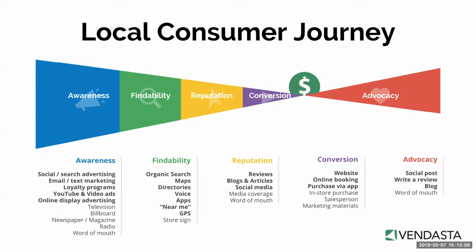So for example, if I became aware of a local restaurant through a retargeted display ad, which would be under the awareness category, I might then try to find that business on search where I see their online reviews. Then I might reserve a table on their website, which ultimately leads to me visiting the restaurant and sharing my good or bad experience with others through social media.